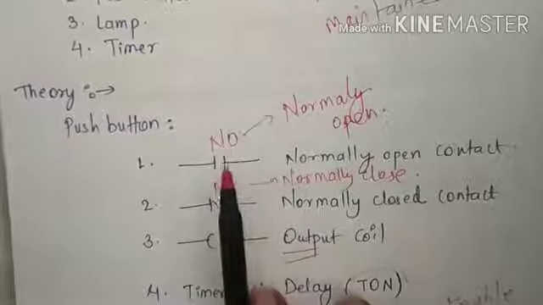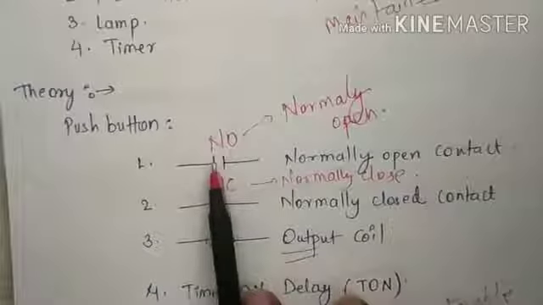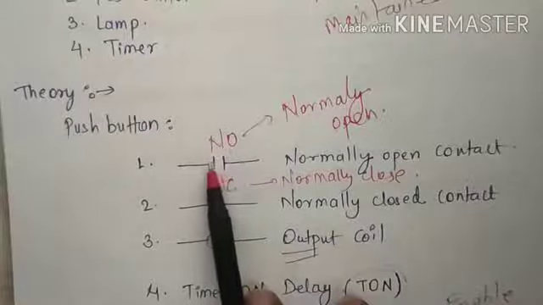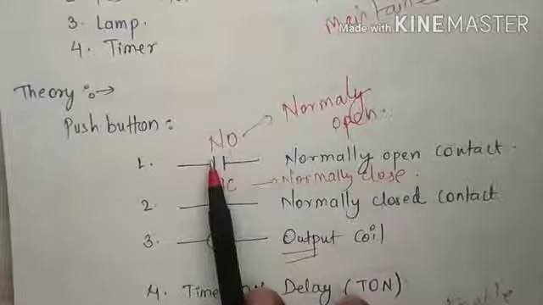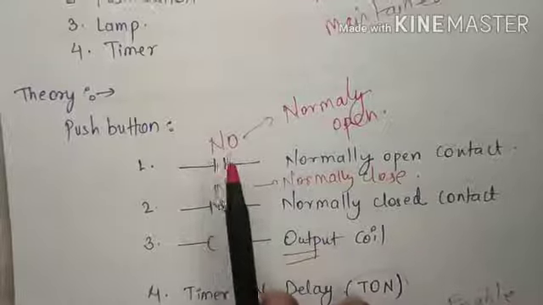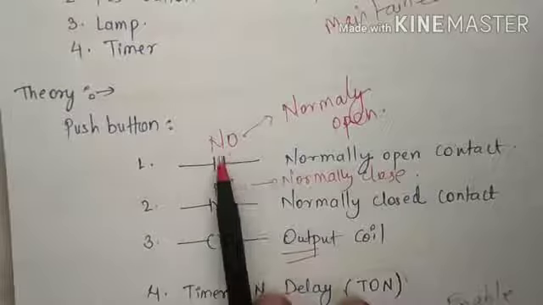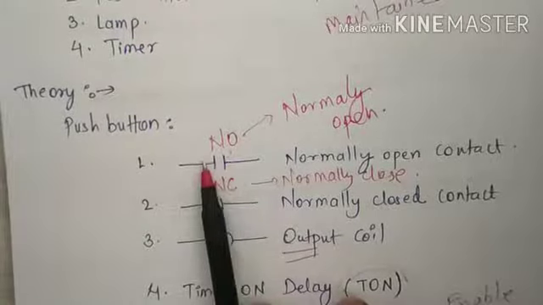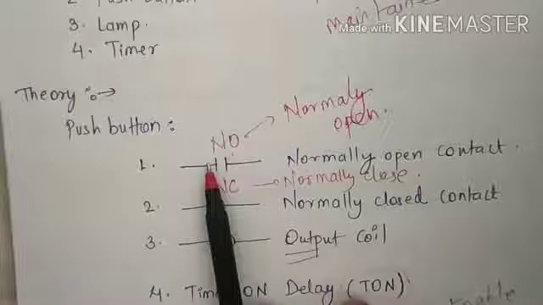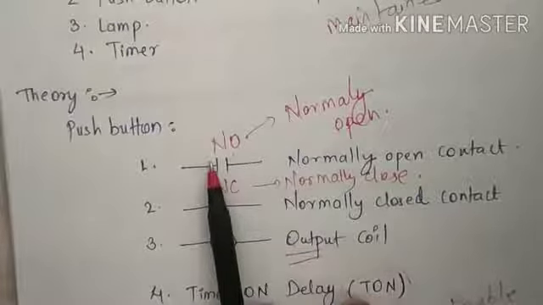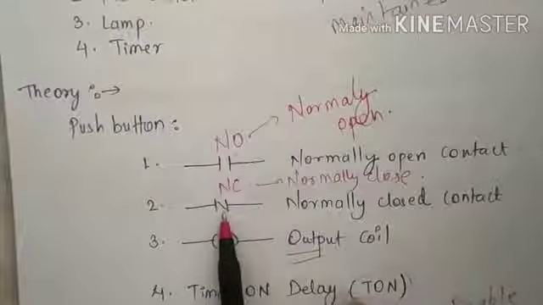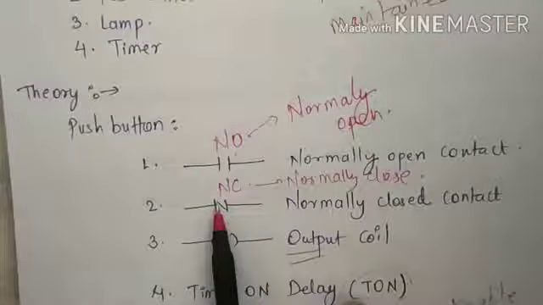When the contact is closed, the ladder rail power flows across the contact and the result of the logic operation is equal to 1. Otherwise, if the signal state at the specific address is 0, it will not set. So this is the NO. Then NC is set when the stored value is equal to 0. When it is 1, it will not operate.